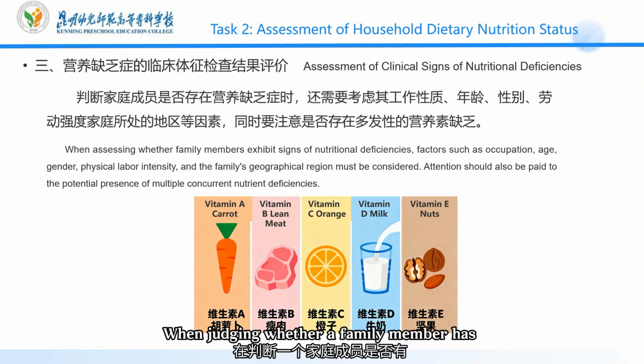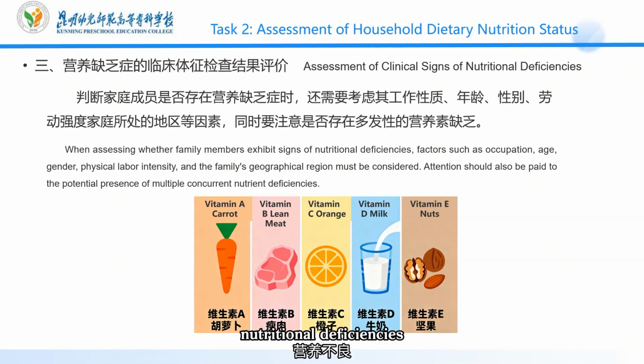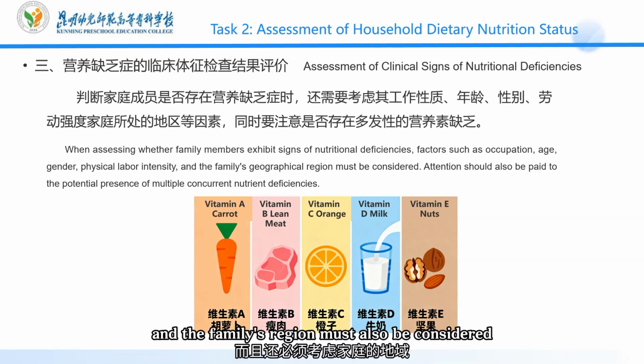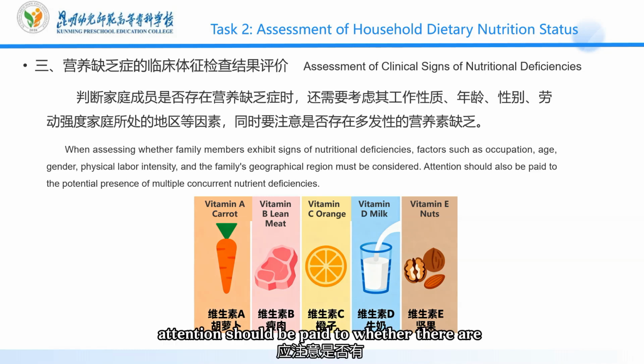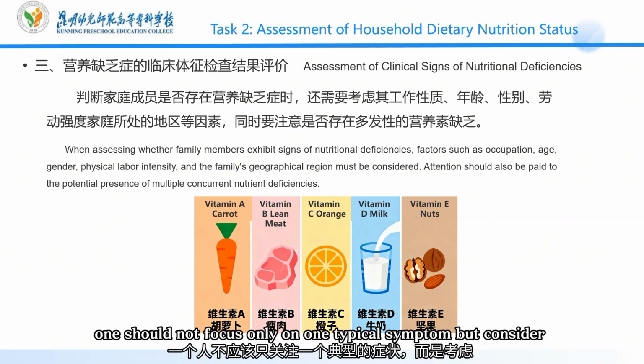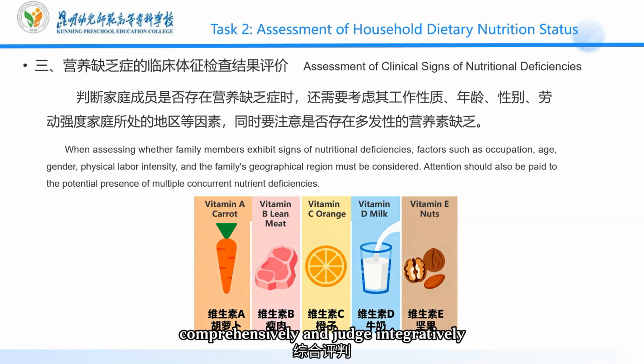When judging whether a family member has nutritional deficiencies, factors such as their occupation, age, gender, labor intensity, and the family's region must also be considered. At the same time, attention should be paid to whether there are multiple nutrient deficiencies. One should not focus only on one typical symptom, but consider comprehensively and judge integratively.